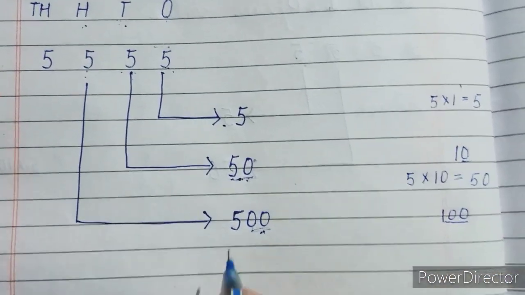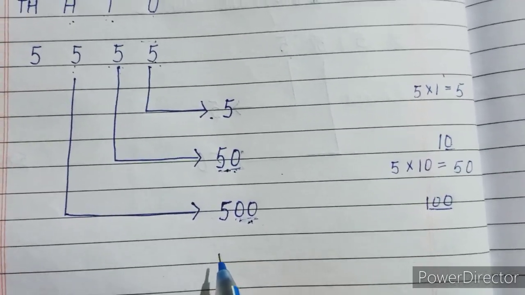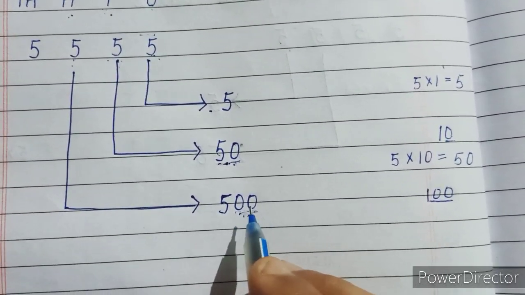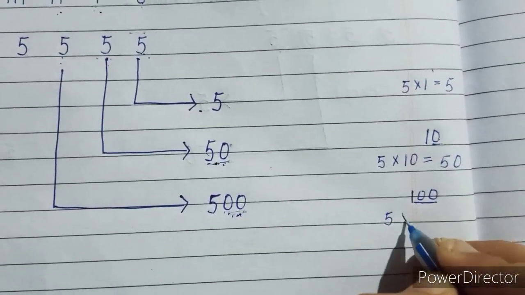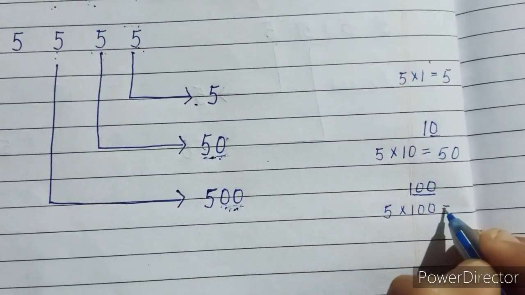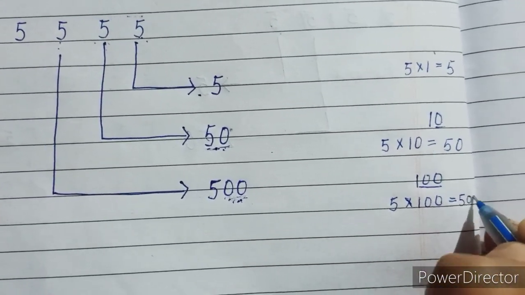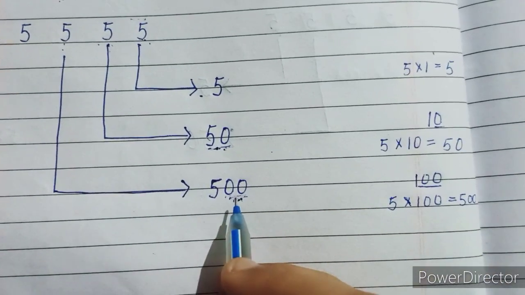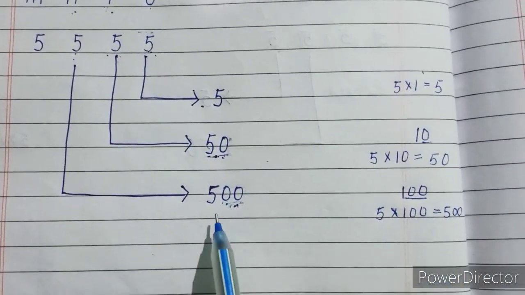So you can see there are 2 zeros here, because 500 is written here. Okay. So 5 multiplied by 100 is equal to 500. So the place value of 5 is 500.